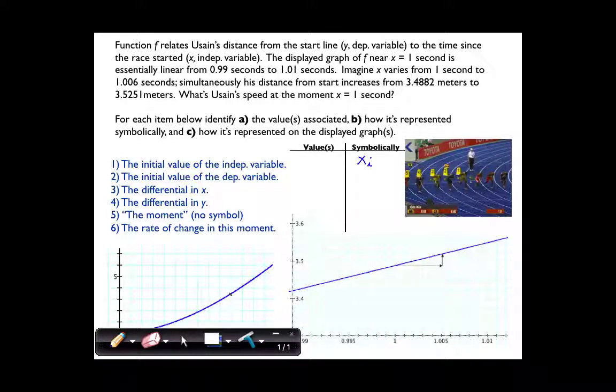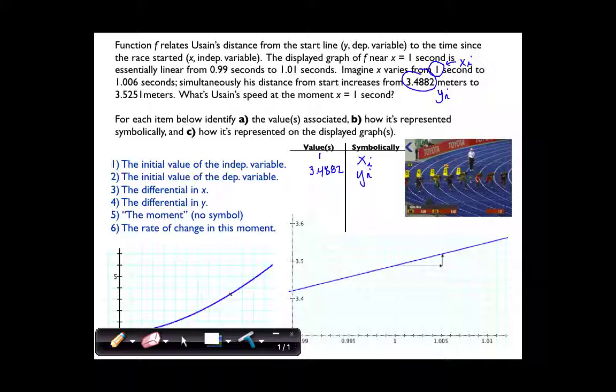What about the initial value of the dependent variable? y sub i. And those are up here someplace. So initial value of x and initial value of y, the dependent variable. Or, yeah, I guess it's f is the name of the function. So those values are up there, 1 and 3.4882.